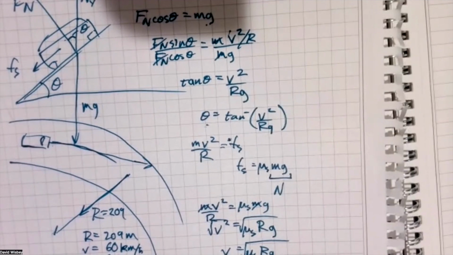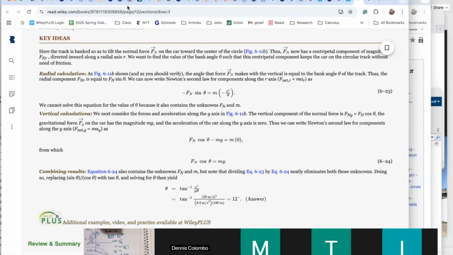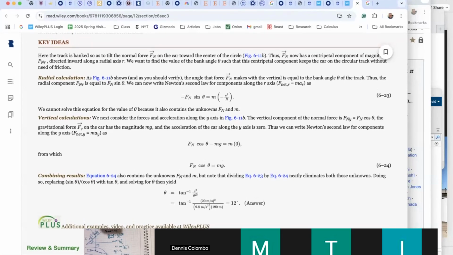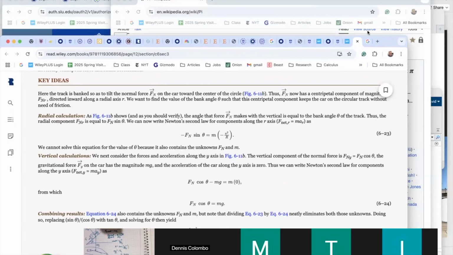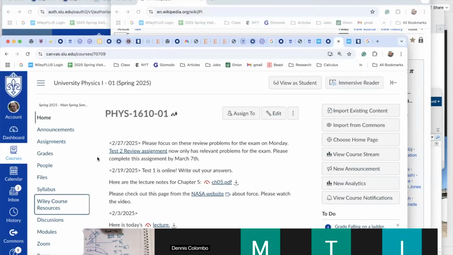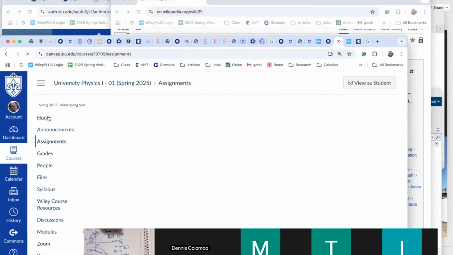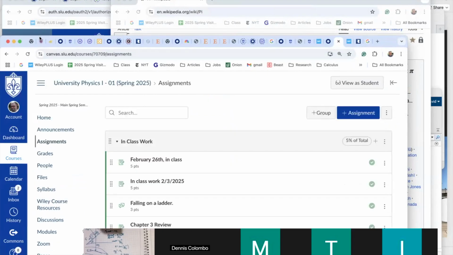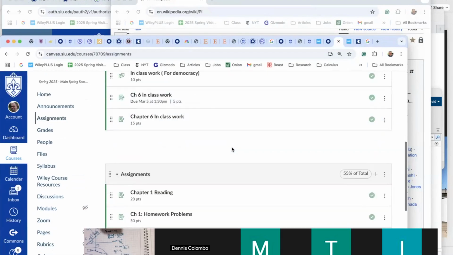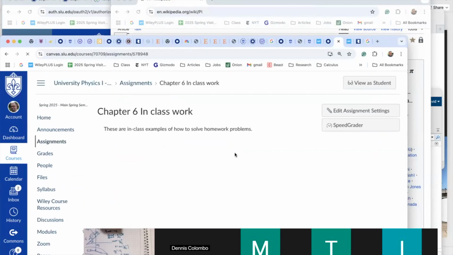Now let's do a problem, because now we've got an expression. I put online, go to the assignments in Canvas, and I have added a couple of problems.